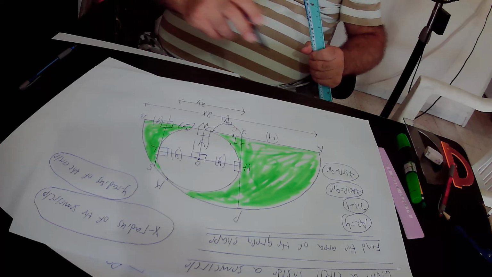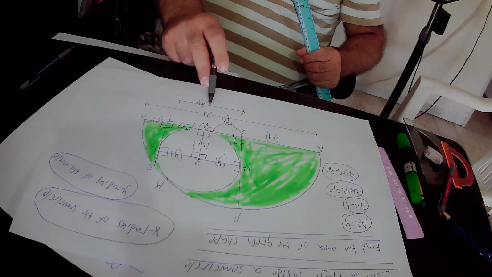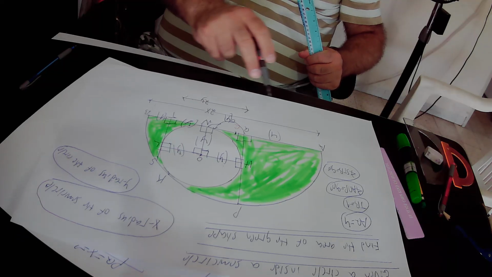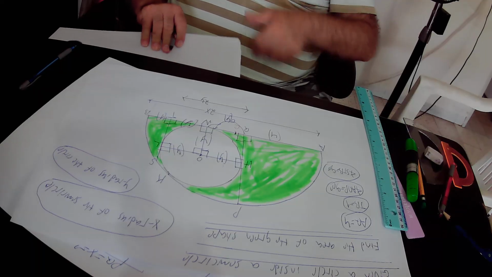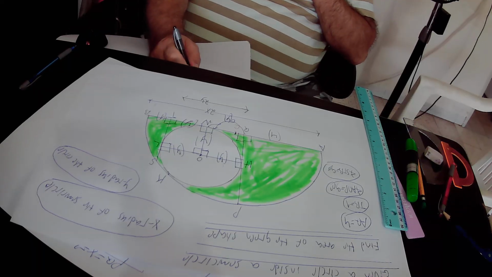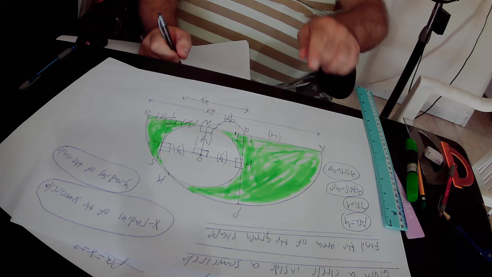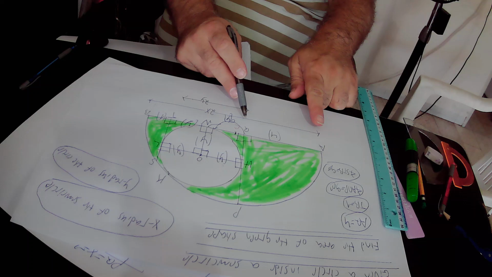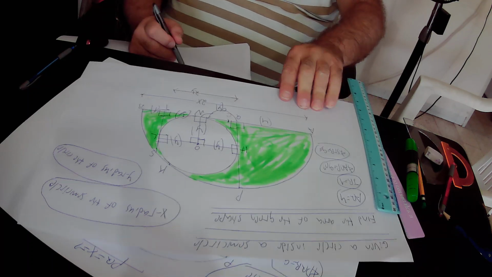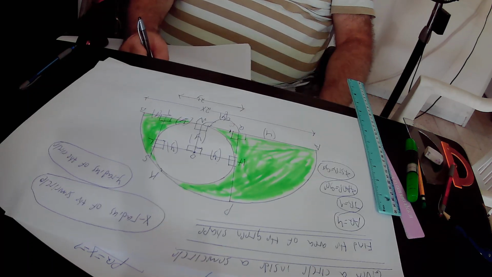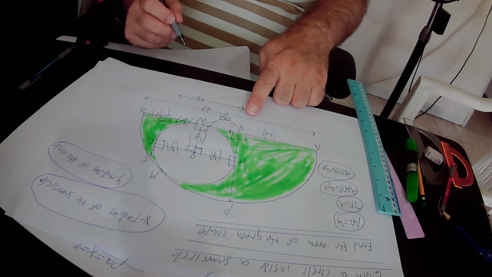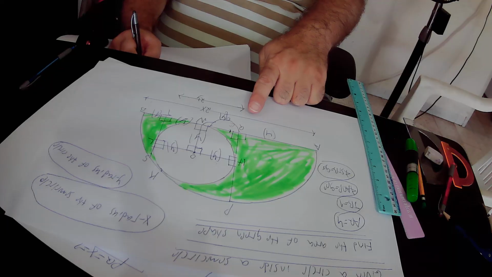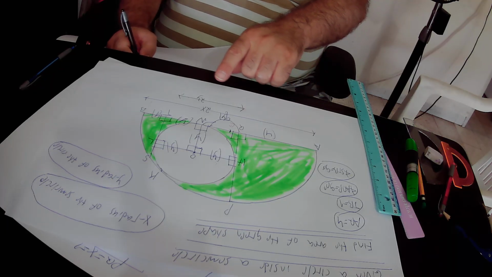So we know that AB equals 2x, that is the diameter of the big semicircle, and it equals AQ plus QT plus TB.